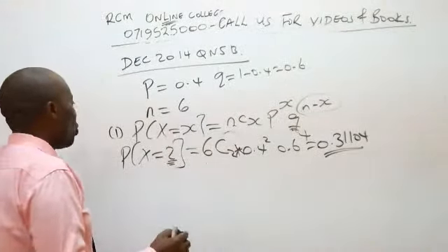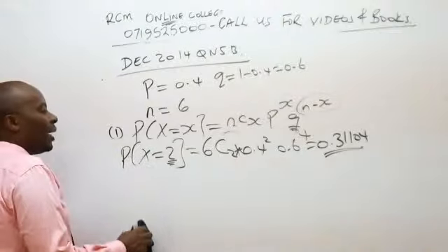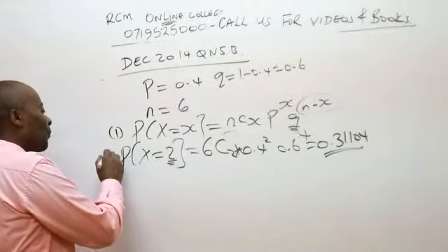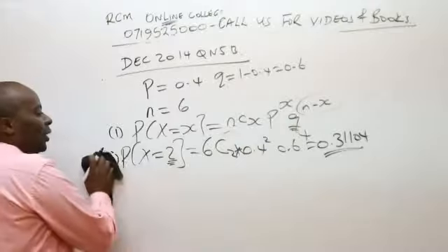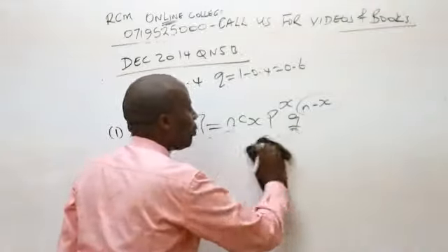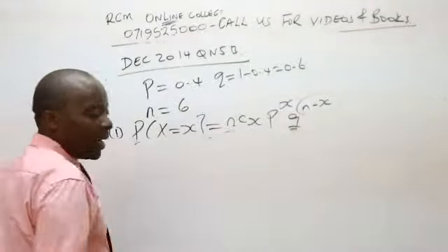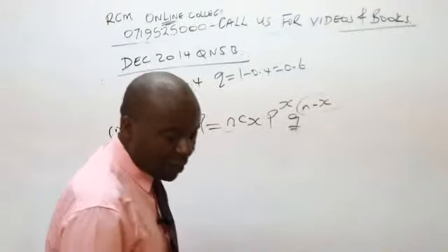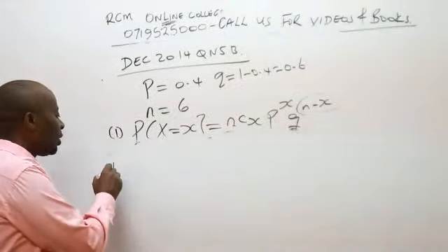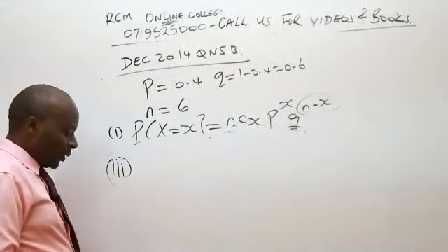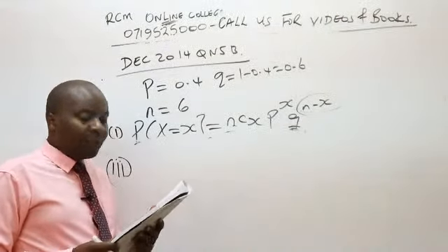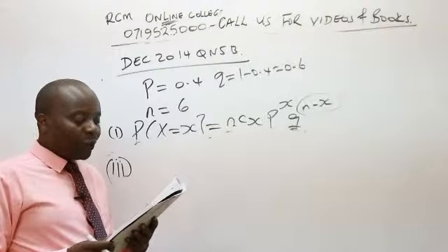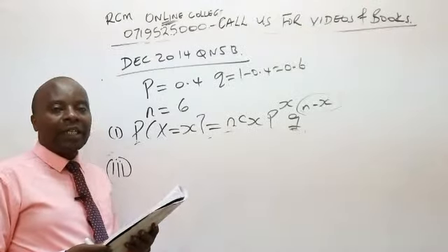So now we go to Roman 3. Under Roman 3, what we have is quite interesting. They want us to give the probability that at most 2 households were affected by the pandemic.